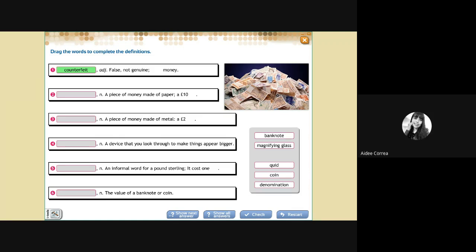Aide, I didn't say good evening to you. Good evening. I think it is banknote. A banknote. Yes, it's a piece of money made of paper. For example, 10 pounds. Coin? No, I don't think so, because it's paper. Okay. Denomination? Quid?